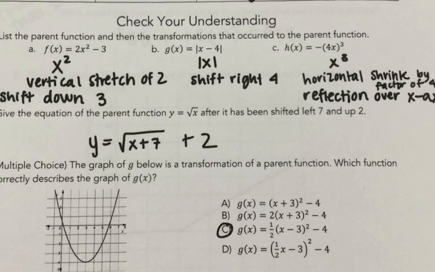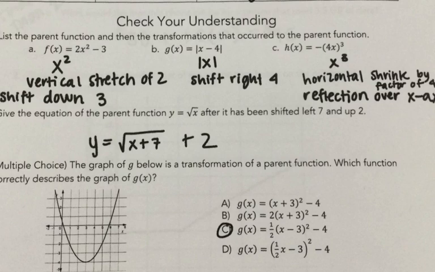For 1, you're supposed to list the parent function and then tell what transformations occurred. So those are those answers. This is a quadratic that was stretched vertically by 2, shifted down by 3. This one's an absolute value of x. It's shifted right 4. This one is a cubic that has a horizontal shrink. I call that a compression.